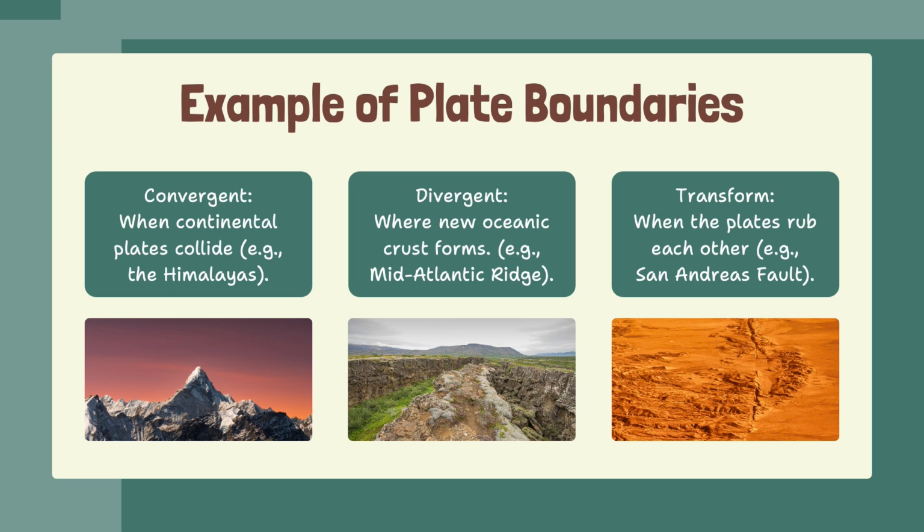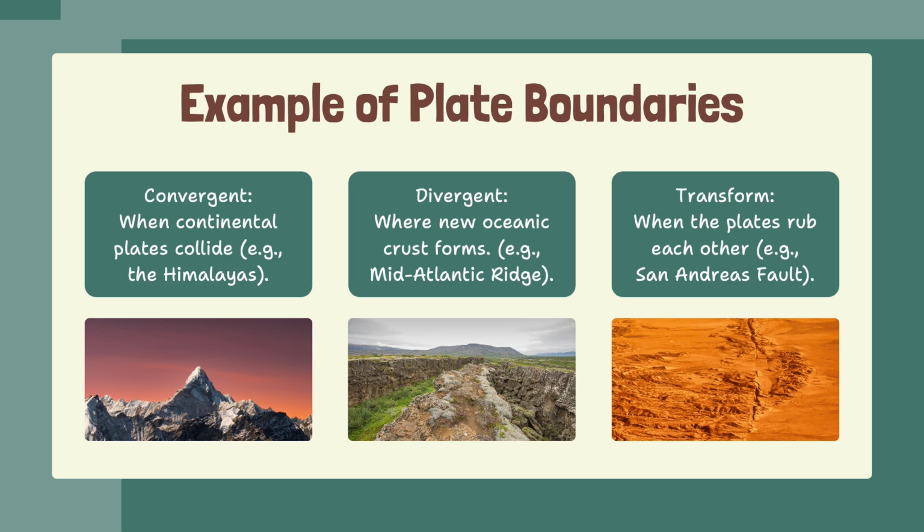There was immense force, and that resulted in uplift because the two continental layers are so thick, and that is why we have the mountain range, the Himalayas, which is probably the highest mountain range in the world.